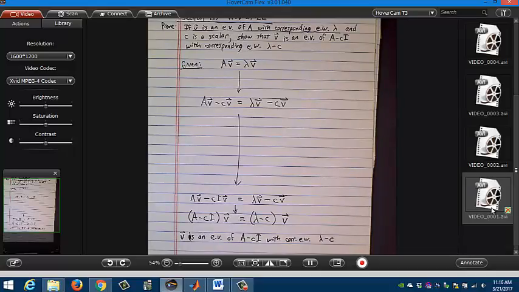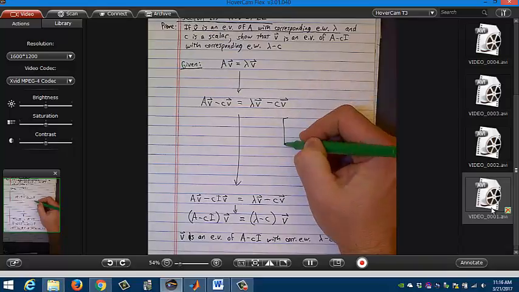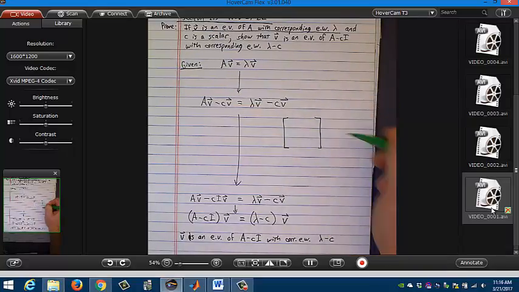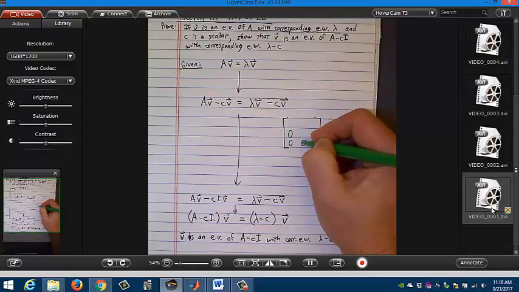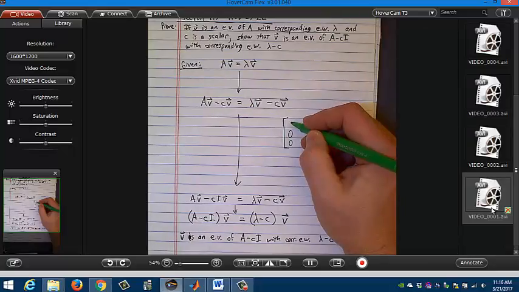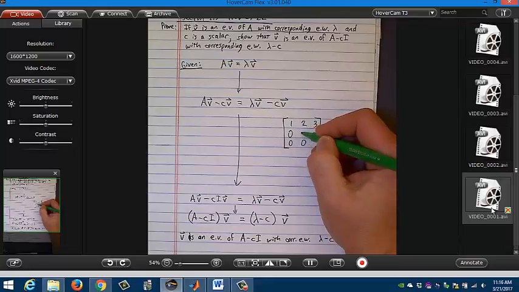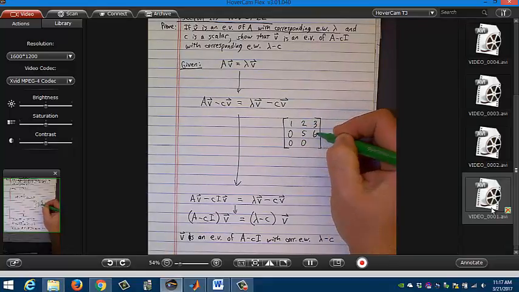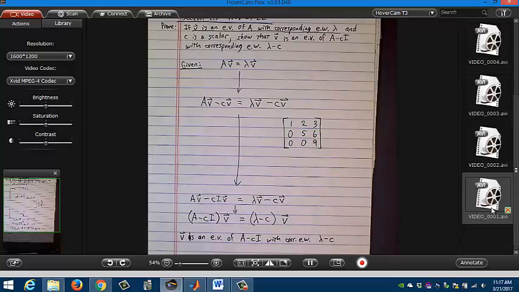Actually, that might be very believable if I have a certain kind of matrix. So give me a 3 by 3 matrix that you know the eigenvalues of. I don't think there are very many matrices you guys know the eigenvalues of, right? But I'll give you a hint. If I make these bottom entries 0, and let me do this: 1, 2, 3, I'll skip the 4, 5, 6, and I'll skip the 7, 8. What are the eigenvalues of that matrix? 1, 5, and 9, right?